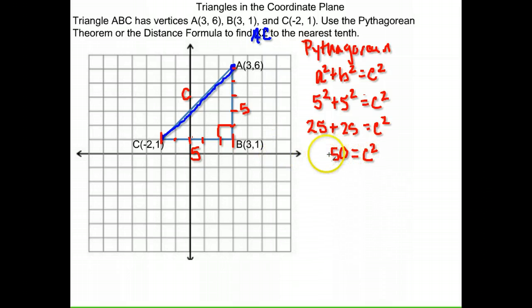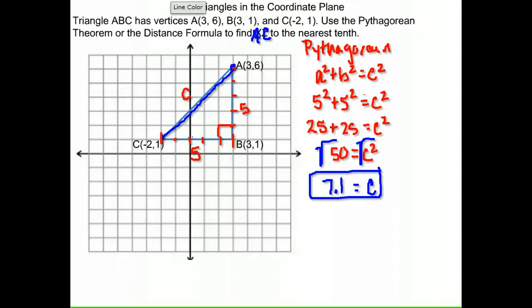To solve this, I would need to take the square root of both sides to get rid of the squared. So my answer is going to be the square root of 50. I wanted it rounded to the nearest tenth. That rounds to 7.1. So that is how we find the answer using the Pythagorean theorem.